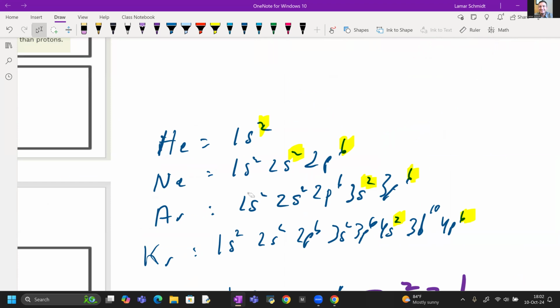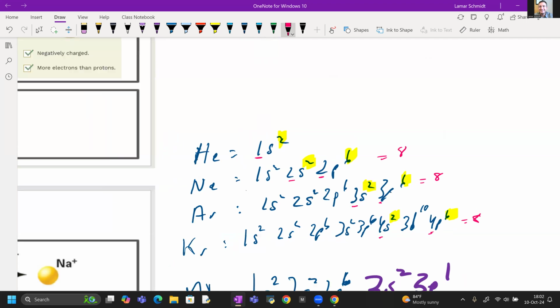We see helium has an s2, whereas all of the others have s2p6 in their highest energy levels. And we can see their highest energy levels here. That's 1, that's 2, this one is 3, and this one is 4. And so we can see that in those, for the most part, we get an octet, 8 electrons.